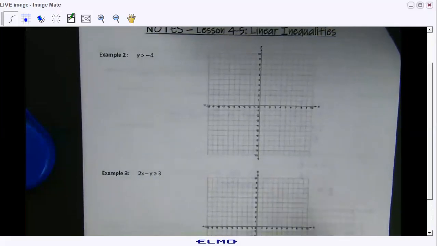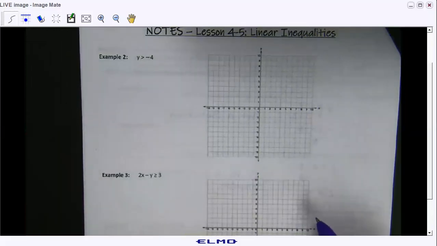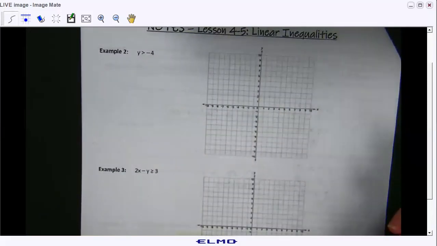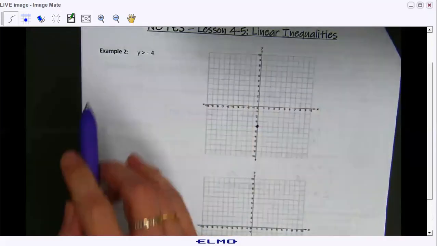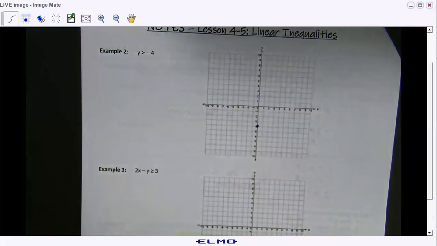Let's go to example 2. And we are going to graph this inequality. This time though, instead of x, we have y. So where are we going to plot that -4? On the y-axis. And this tells us that we are going to draw a line through the y-axis.